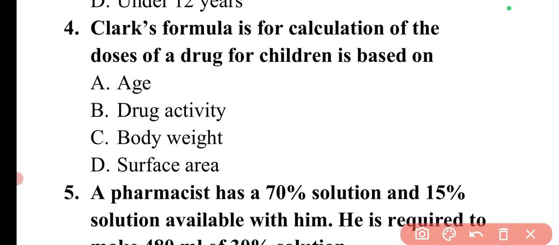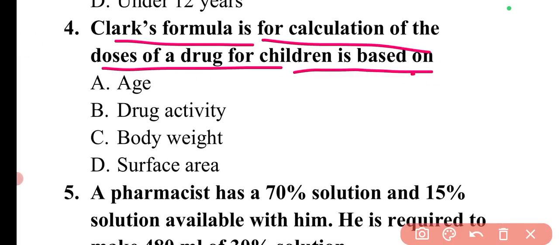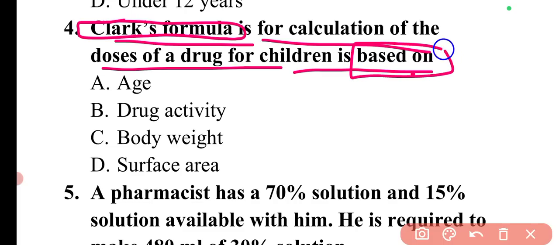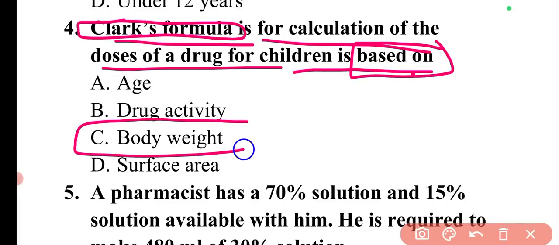Next question is, Clark's formula for calculation of the doses of a drug for children is based on. Like Young's formula is based on years, under 12 years, Clark's formula uses body weight. So option C is correct.